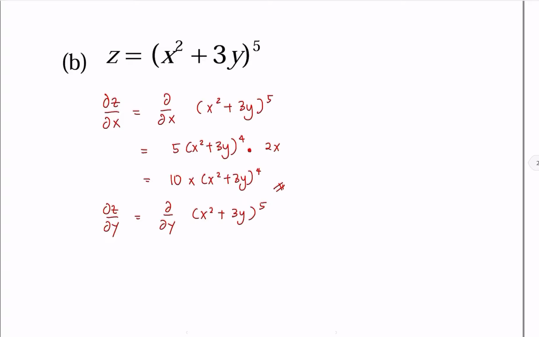Again we use the same chain rule. 5 times x squared plus 3y to the power of 4, and this time we differentiate with respect to y, so we multiply with 3 only, because x squared is constant right now. So it will be 15 times x squared plus 3y to the power of 4.